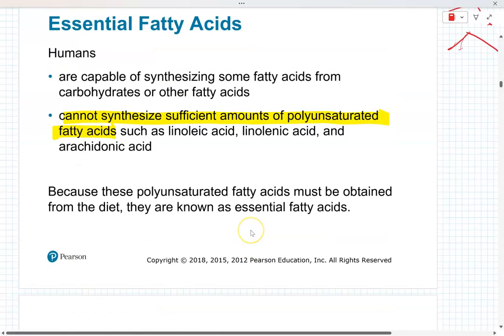So does having multiple double bonds not affect the melting points for those molecules because of those bonds? It will lower, like, okay, if you have 18 carbons, okay, let me go back.